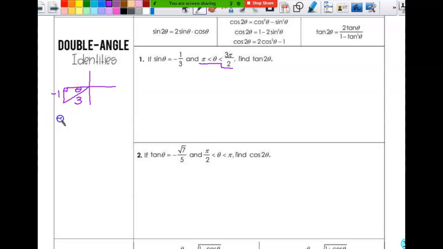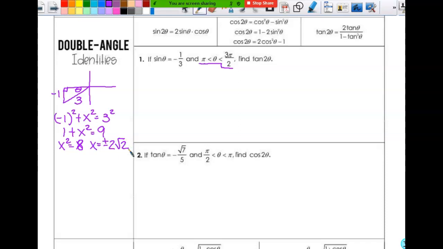Pythagorean theorem. So this is going to be negative 1 squared plus x squared equals 3 squared. So this is 1 plus x squared equals 9. So x squared equals 8. So x is equal to plus or minus 2 square roots of 2.